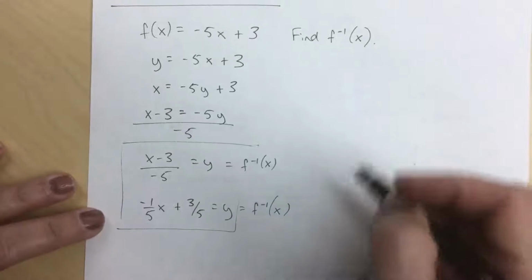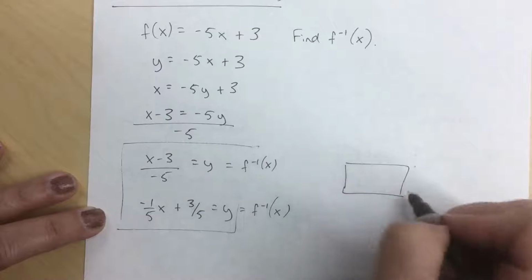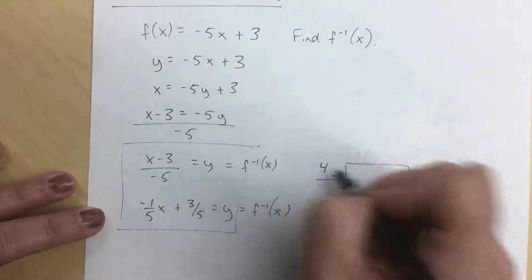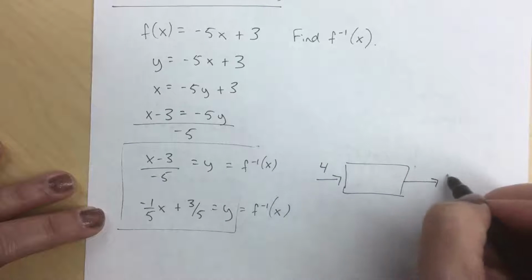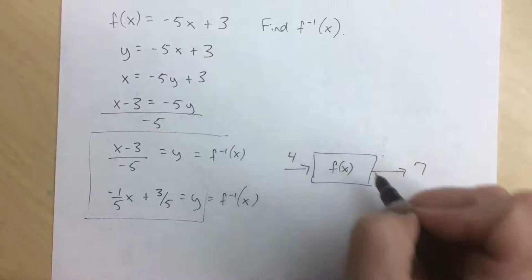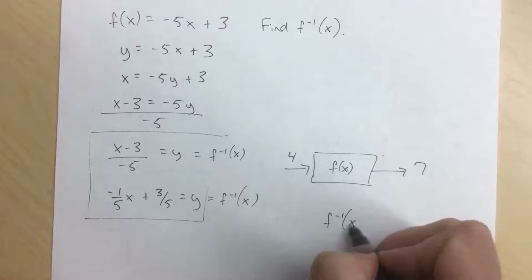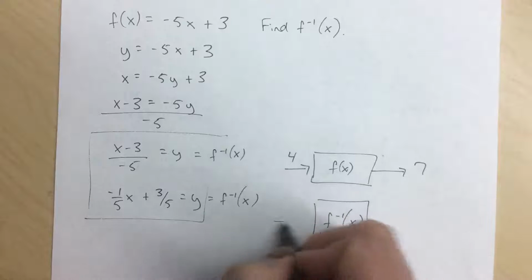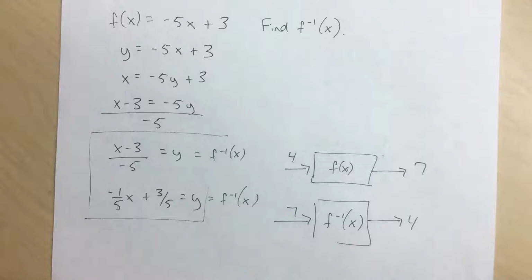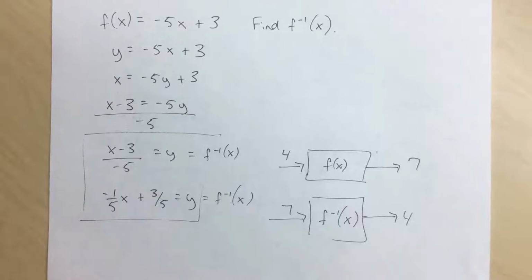Think of the function as an input-output box. If you input a number like 4 and it outputs a number like 7, then the inverse, if this is f of x, tells you what number 7 came from. You put in 7, it gives you 4. A good way to understand this is like Celsius and Fahrenheit temperatures.